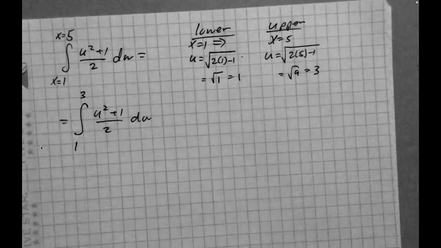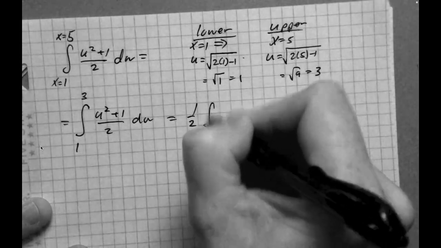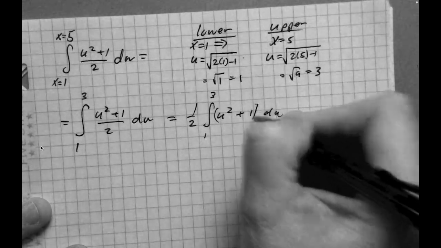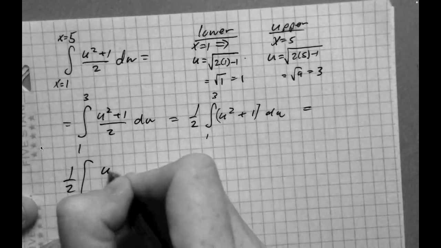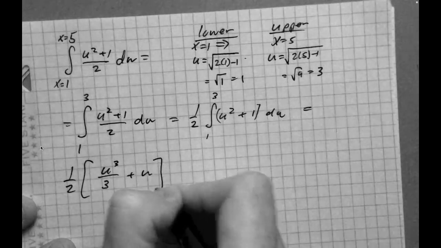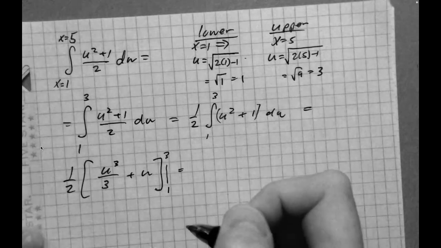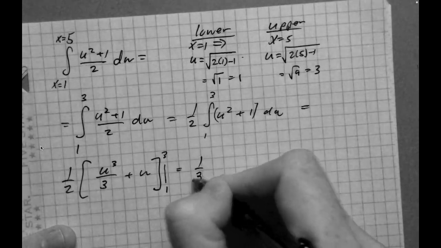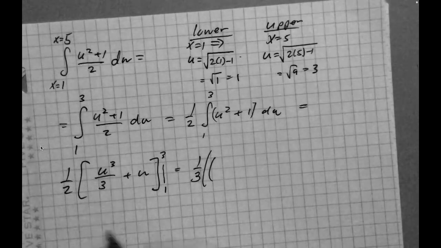Now, this is very easy to evaluate. We can get to this really quickly. You can pull the 1/2 out and do it like this. This is probably the way to go. And so you get 1/2, and then this would be u cubed over 3 plus u, from 1 to 3. So we can plug all of this in, and we get 3 times 3 is 9, times 3 is 27 over 3.